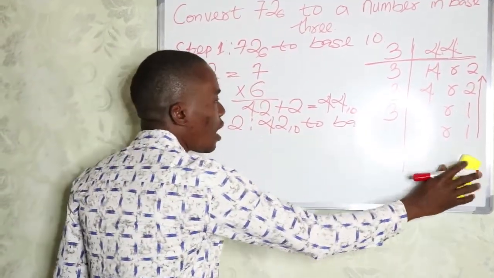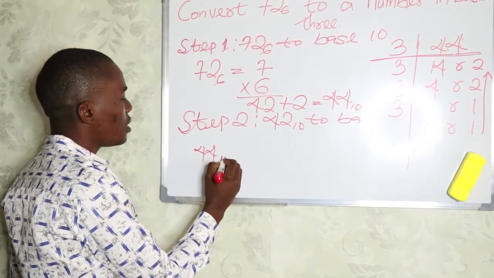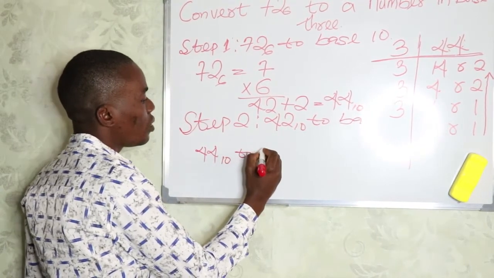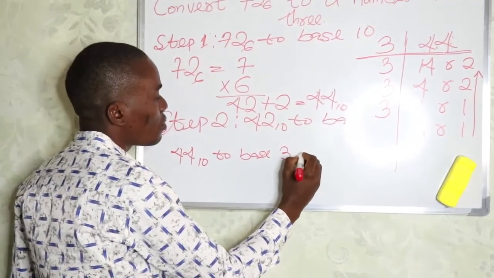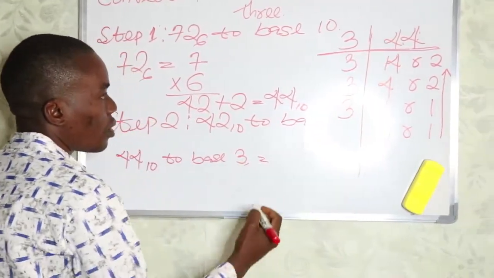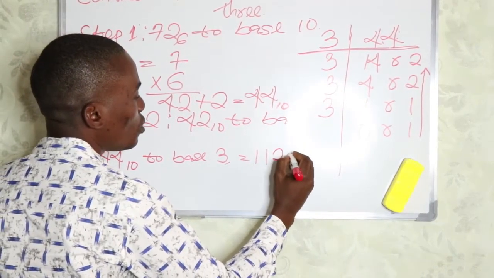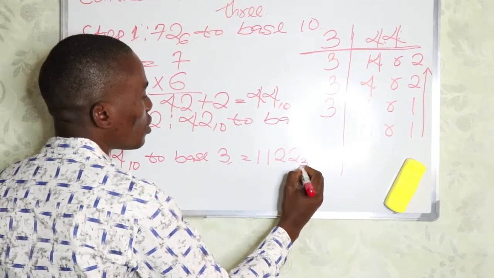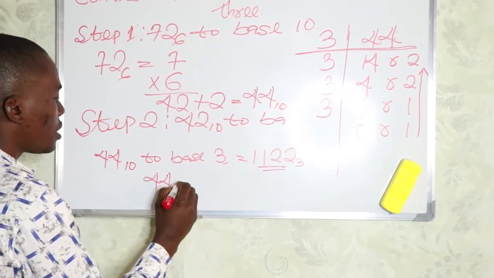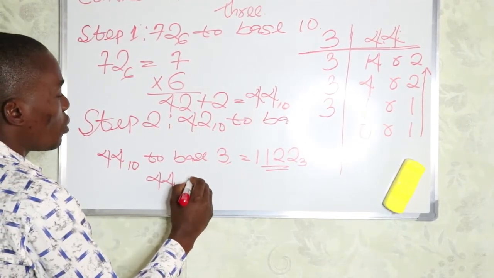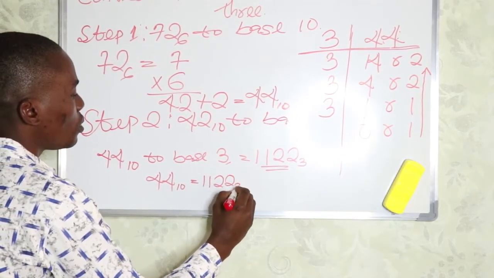So finally, our conversion, 44 base 10 to base 3 gives us, counting that from the bottom to the top, 1, 1, 2, 2 to base 3. So finally, our 44 base 10 will be equal to 1122 base 3.